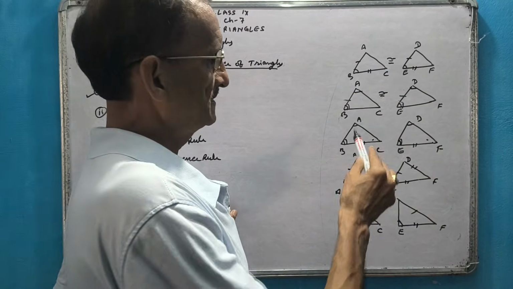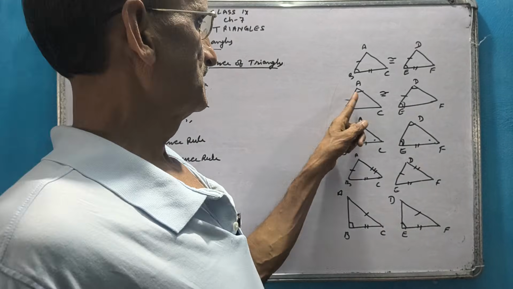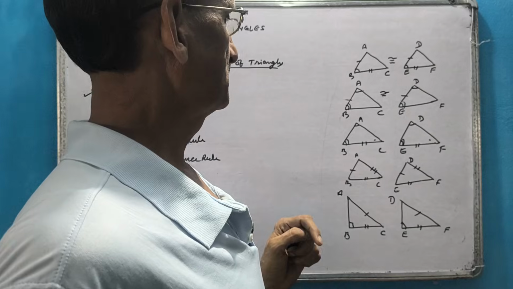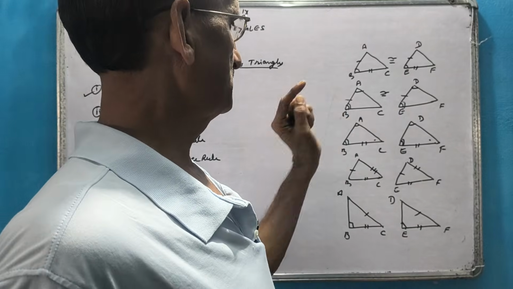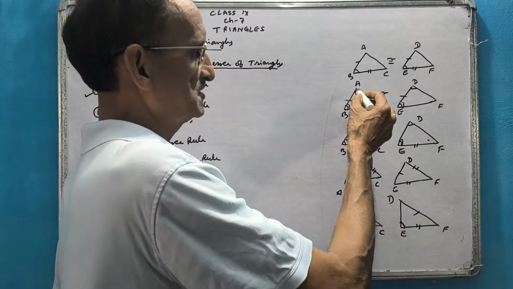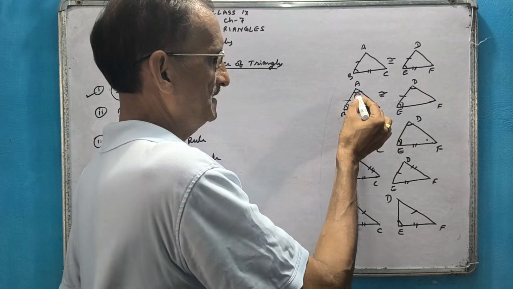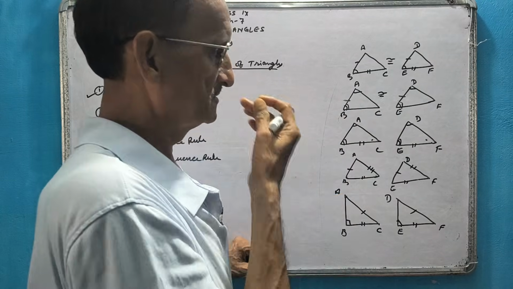That is, in triangle ABC and triangle DEF, if angle A equal to angle D, AB equal to DE, and angle B equal to angle E, then triangle ABC will be congruent to triangle DEF by ASA congruence rule.